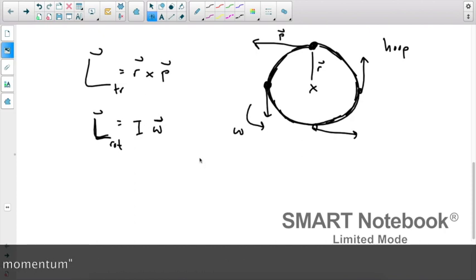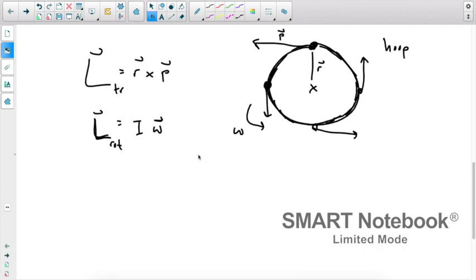So if I wanted to find the total translational angular momentum that the wheel has, that would just be me adding up all of the points, all the infinitesimal points as they are moving relative to this.